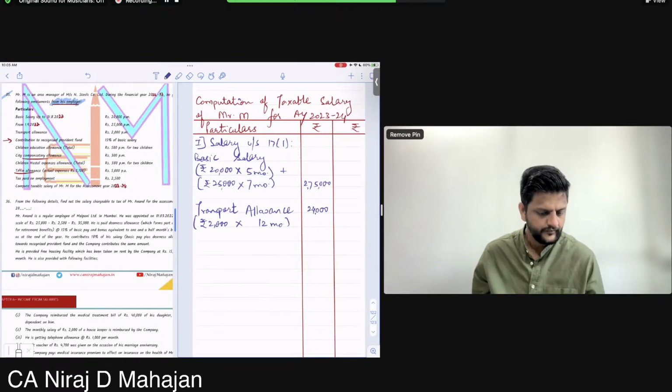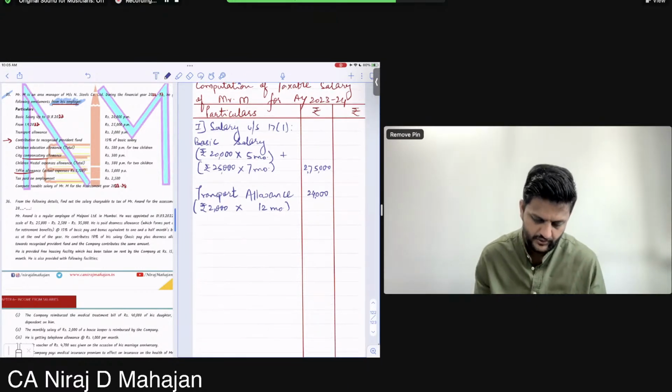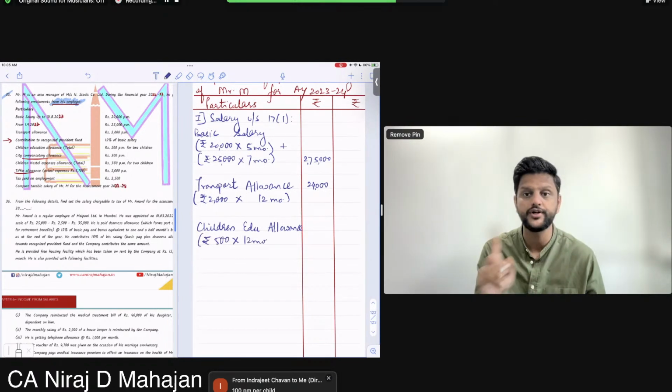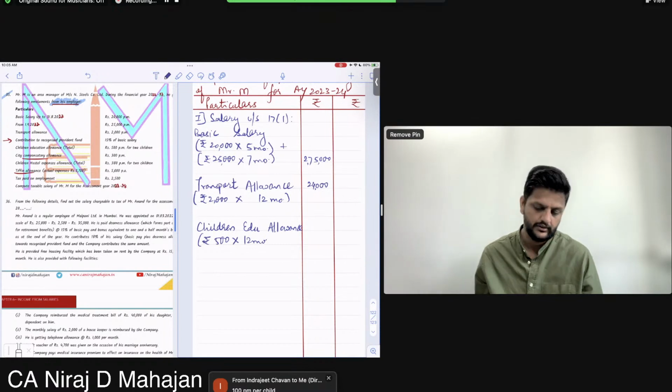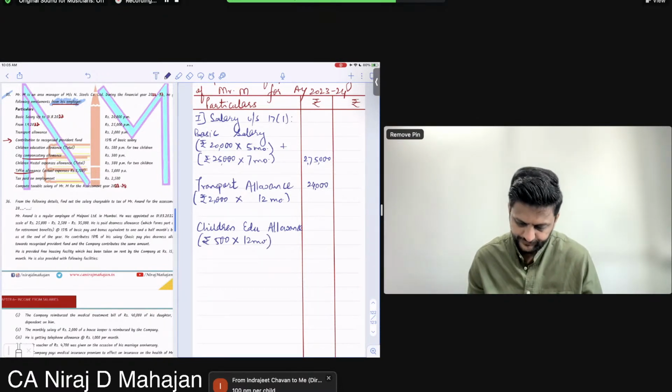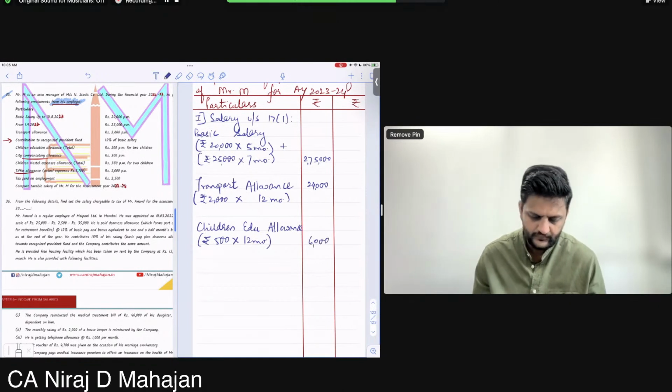Then allowances, what do you have? Children education allowance. Totally received is rupees 500 into 12 months, but for 2 children, it is not per child. Received is this much, 6,000. Less what?